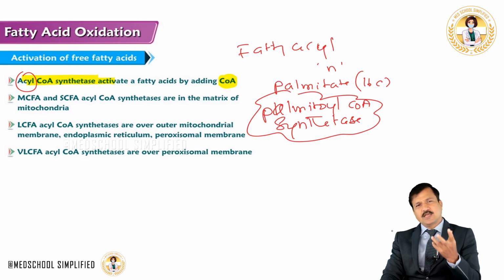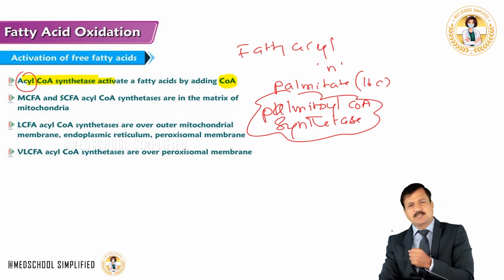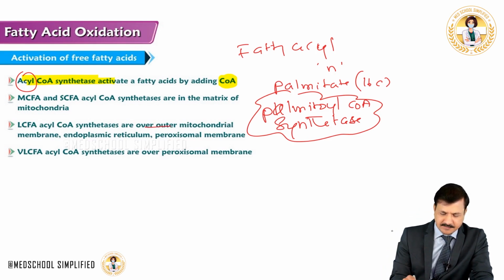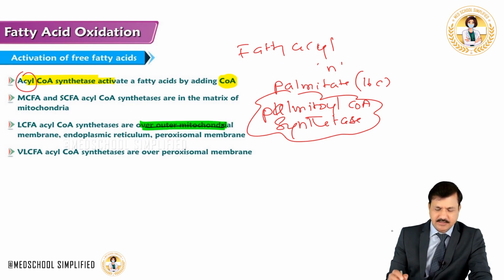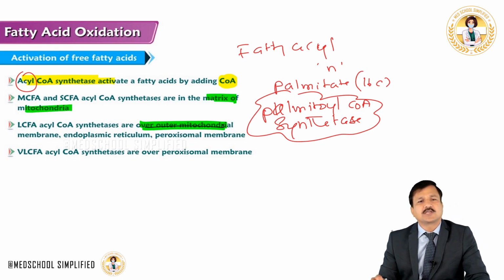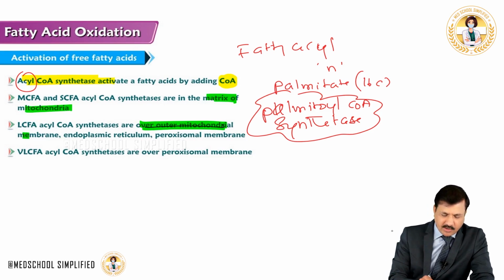For short chain fatty acids, we have short chain acyl-CoA synthetase. Both of these categories are there in the matrix of mitochondria. Whereas long chain acyl-CoA synthetases are present over the outer mitochondrial membrane. Remember that. So, short and medium chain fatty acyl-CoA synthetases are present in the matrix of mitochondria, whereas long chain fatty acyl-CoA synthetases are present over the outer mitochondrial membrane.